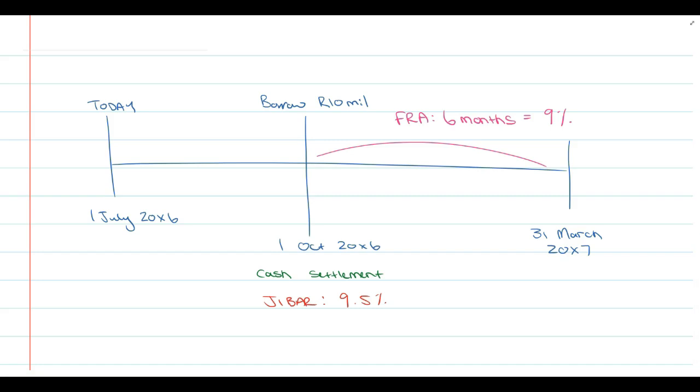So if they enter into the loan on that date, they are going to pay interest at a rate of 9.5% because interest rates have increased. But they've entered into a forward rate agreement where they've fixed their rate of interest for a period of 6 months. They've fixed the rate of interest at 9%.